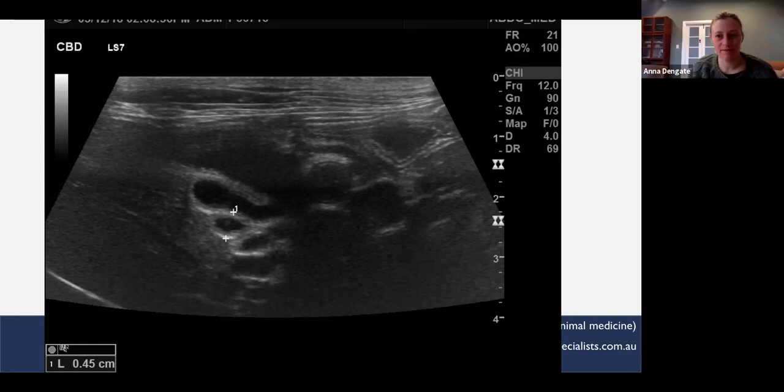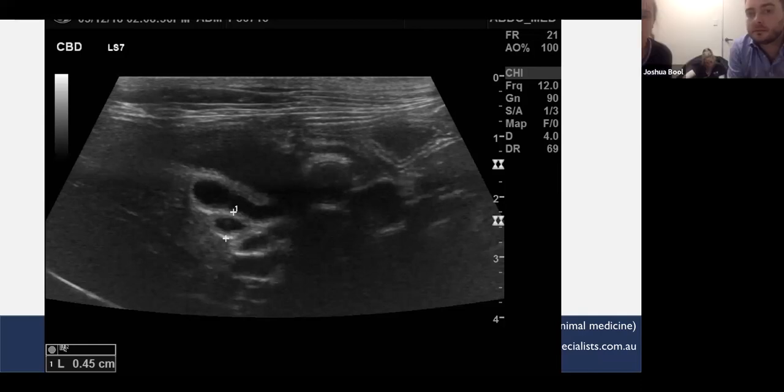And it's probably going to be a spectrum as well. When it's first obstructed, it's not going to be 5 millimeters. And inflammation is going to cause a degree of partial obstruction, particularly if there's inflammation right down at the duodenal papilla. Bile's not going to flow through there as well.